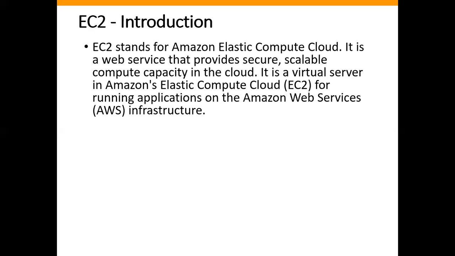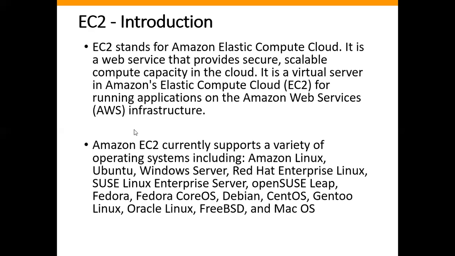What few details I need, definitely we will learn in our upcoming session. If you have those details, you can connect yourself. Now, which operating systems are supported to create a computer or a server in Amazon?